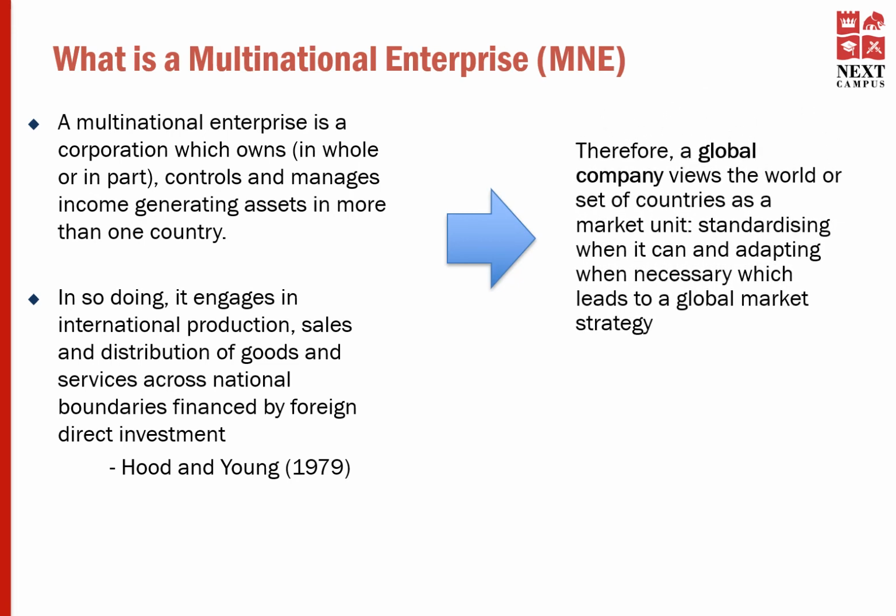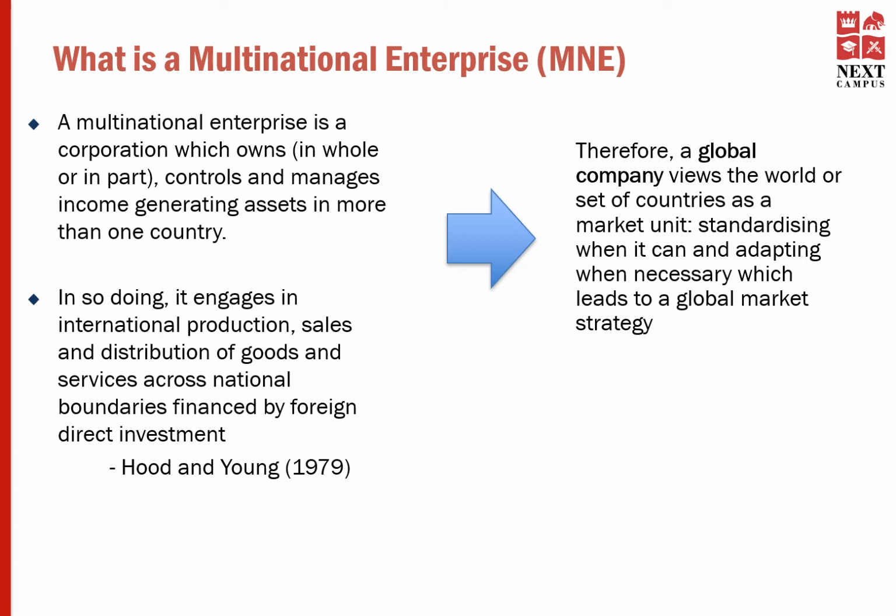Therefore, a global company is an organization which operates in more than one location and views the world, or the number of countries, the markets that they operate in, as their wider scope of operation or as a marketing unit.